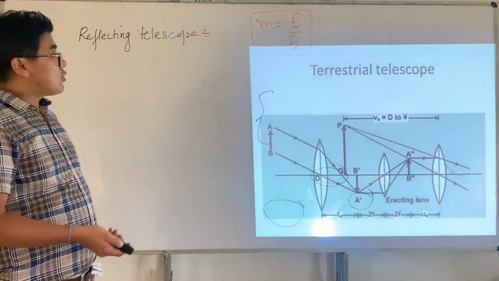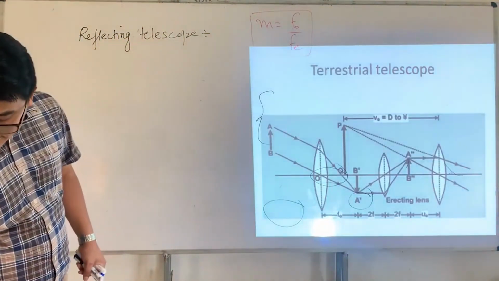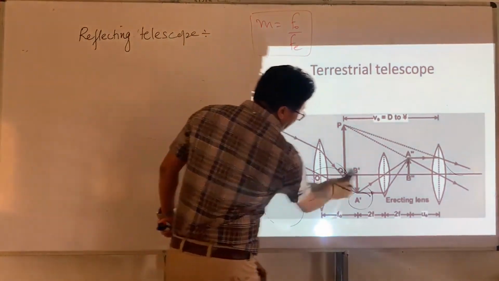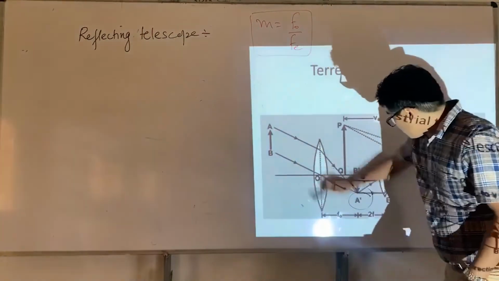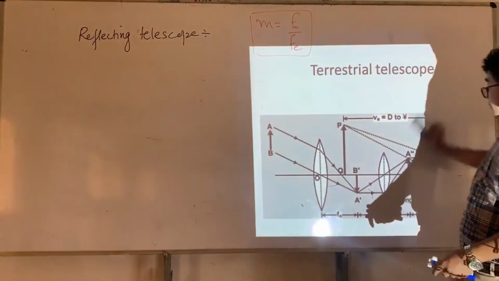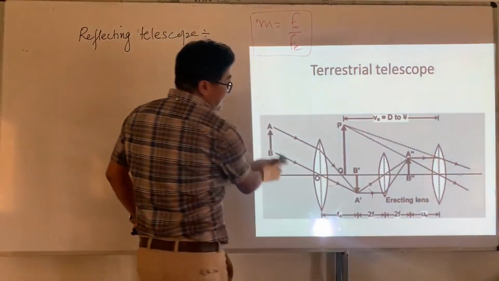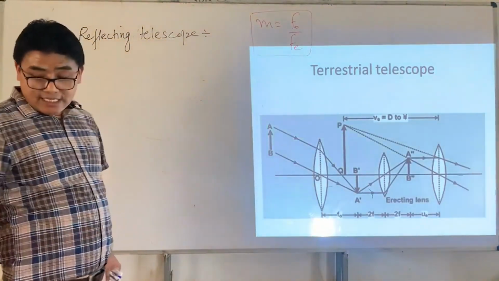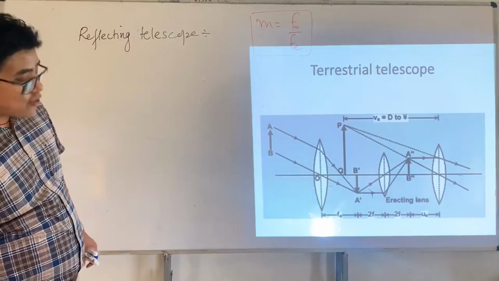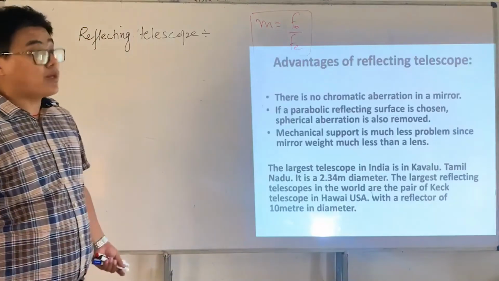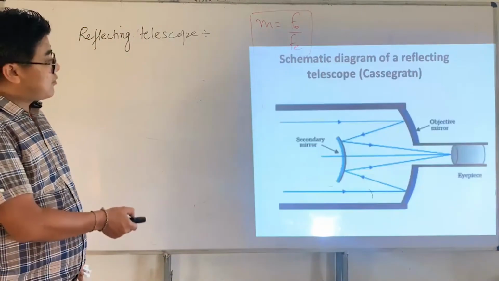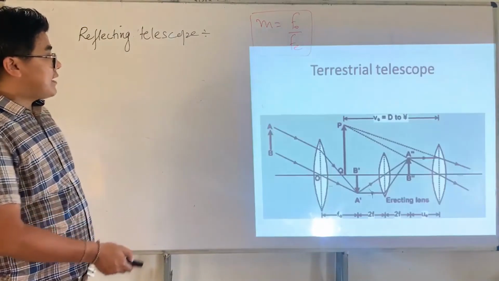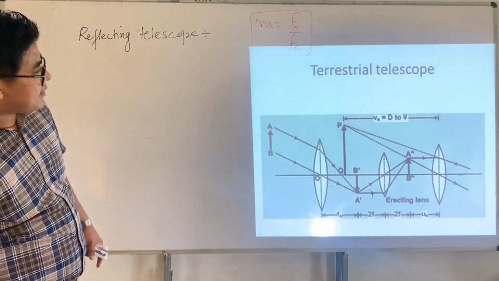Alright. So now this is an example, this is a ray diagram. Right? This is not in your syllabus. Just for your understanding, I have brought you the terrestrial telescope. Alright. So unlike the astronomical telescope, where the image is always inverted, which I explained to you, for the terrestrial telescope the image is always erect.